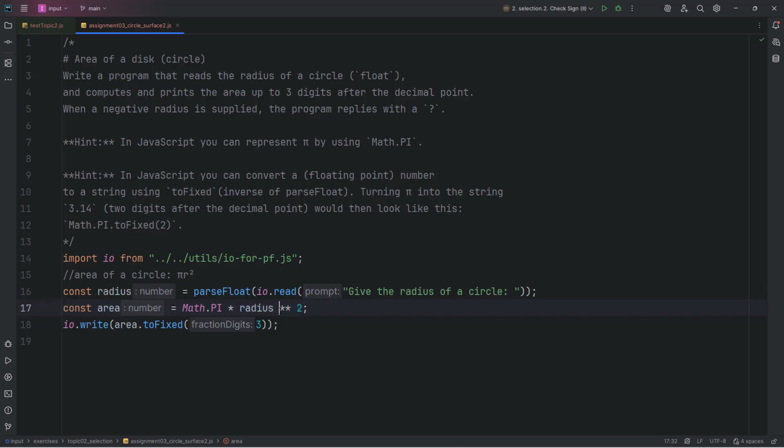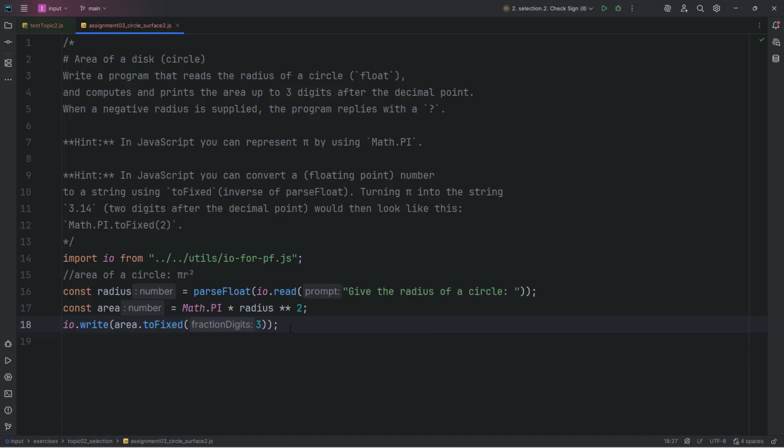So this is the power operator, radius to the power of 2. You could just as well write radius times radius times pi, and I'm assigning this to area, and then I'm going to print the area but convert it to a string where I fixed the digits in the fractional part to 3.